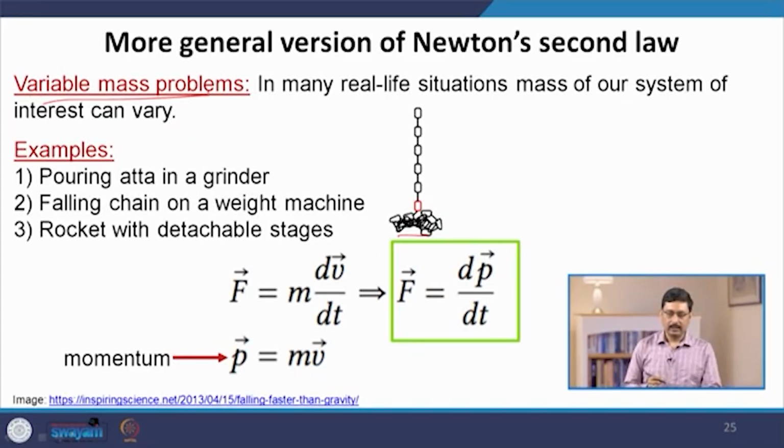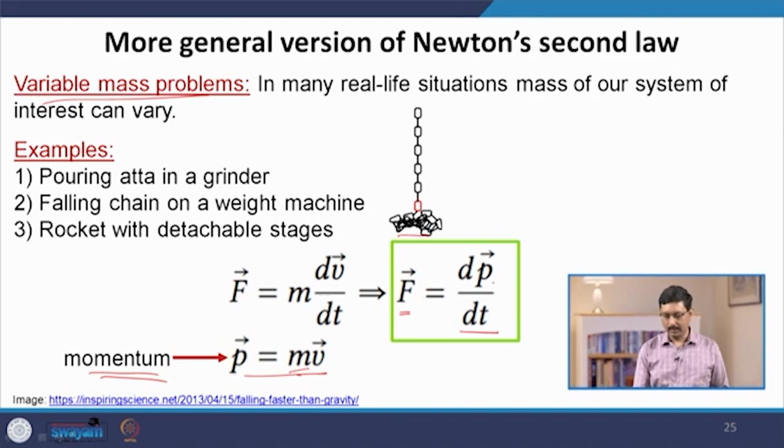In this case, a slightly more general version of Newton's law should be used, using the definition of momentum. As you know, the momentum of a particle of mass m is the mass times velocity, so p is equal to m times v. Then Newton's second law says that the force causes a change in momentum, and the force is in fact equal to the rate of change of momentum.